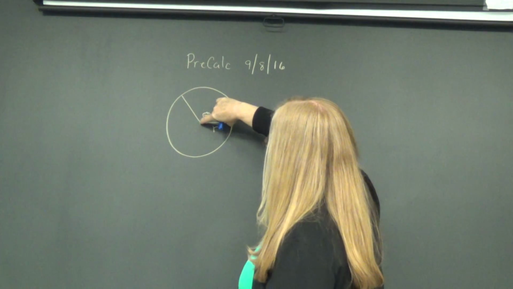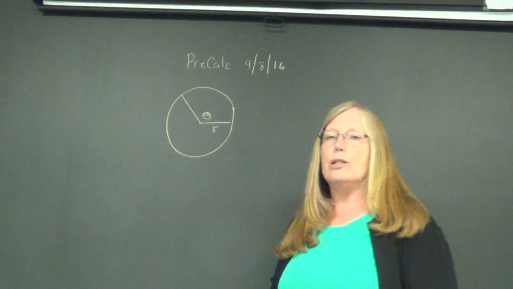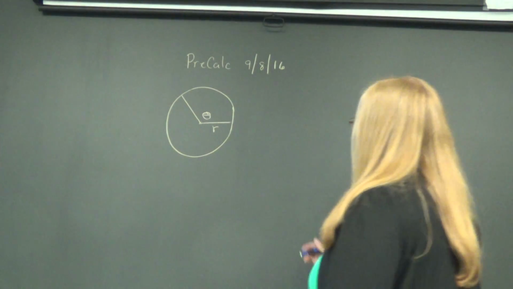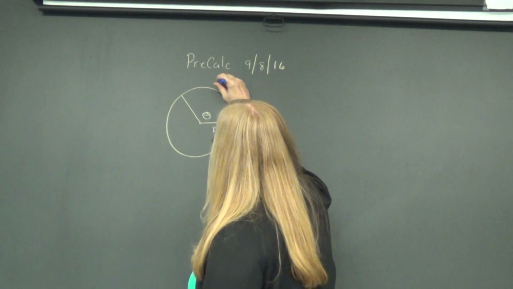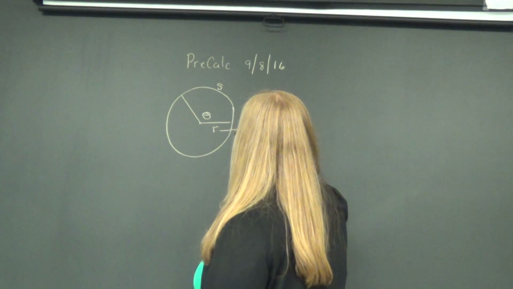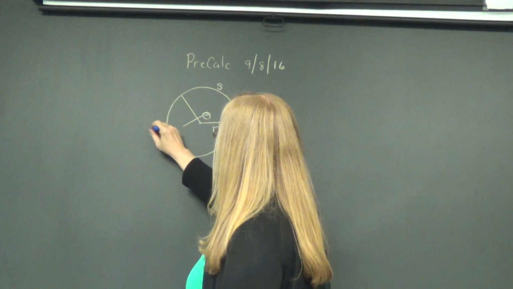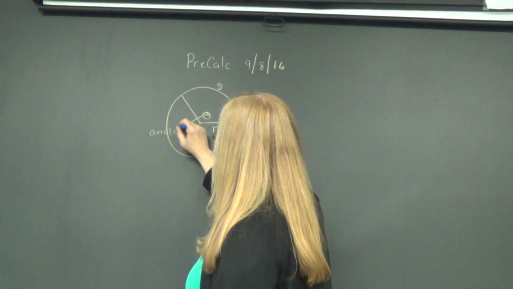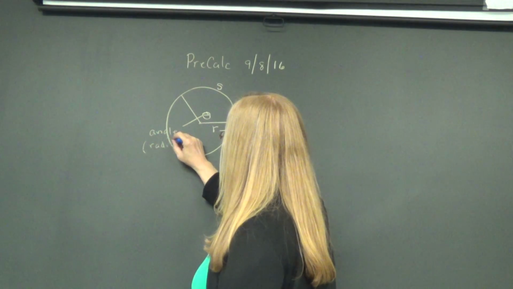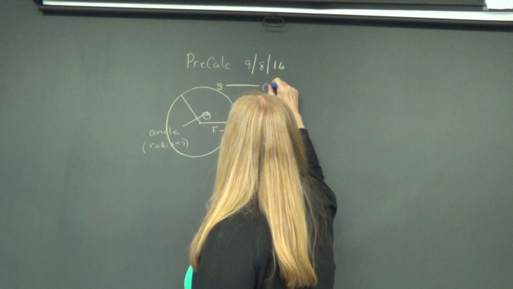So I pick up the radius and lay it on the circle, and it looks like something like 2 point something radians. I'm not sure what it is, but I'll call the arc length S. So radius, angle, and that angle is measured in radians, not degrees, and this is arc length.